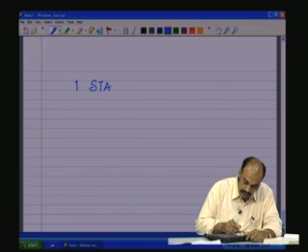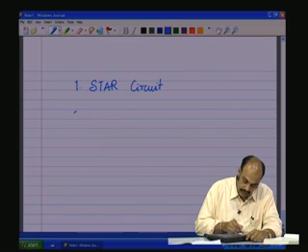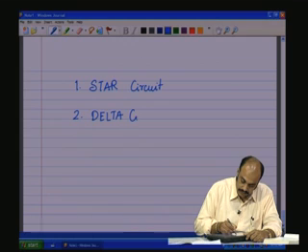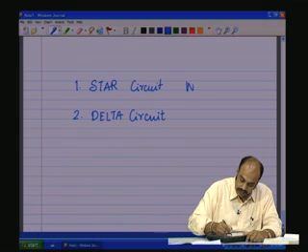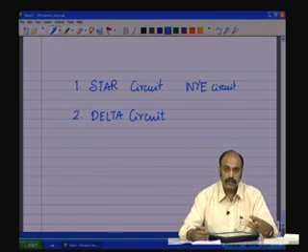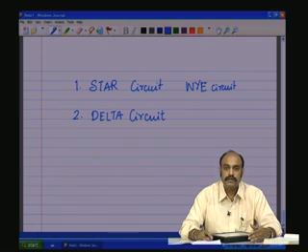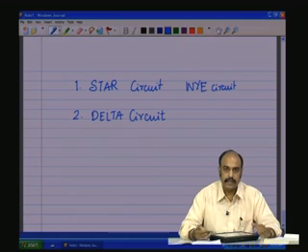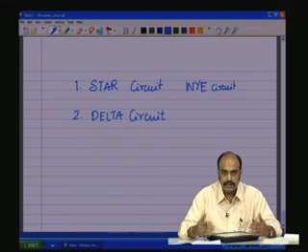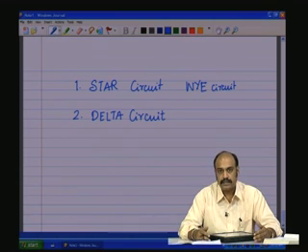You have the star circuit and delta circuit. So, in the literature, star circuit is also called as Y circuit. So, in all the three phase systems, you either have the star circuit or the delta circuit. We shall discuss more about this in the next class. Thank you for now.